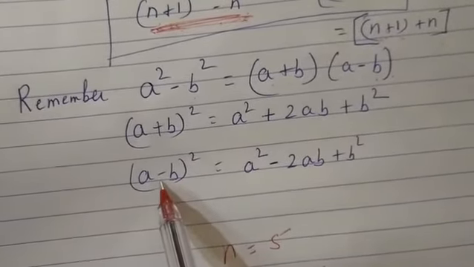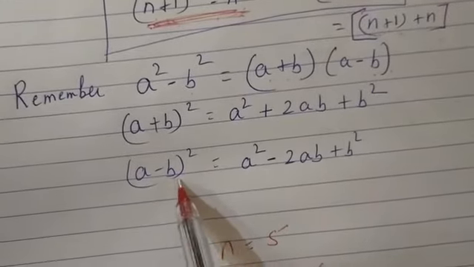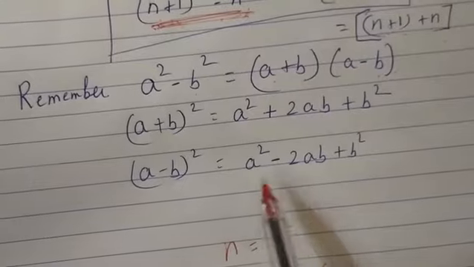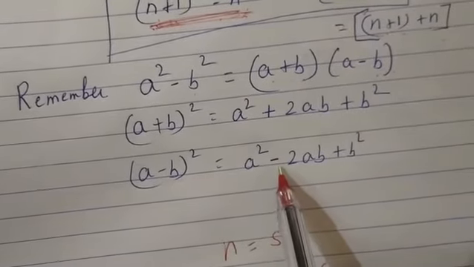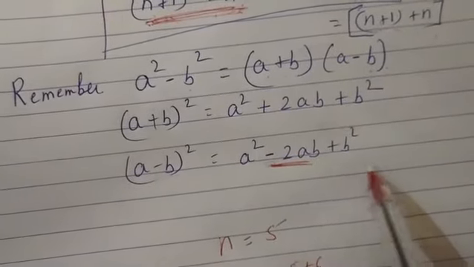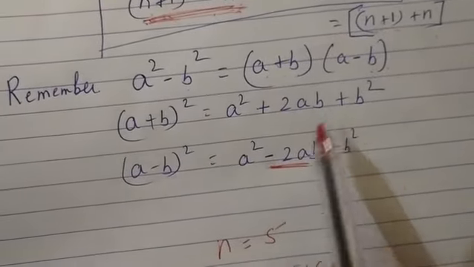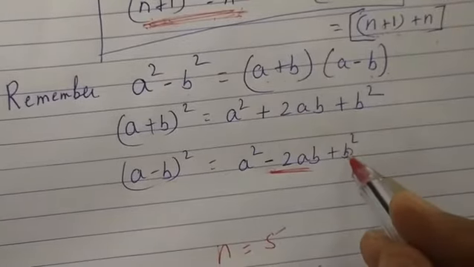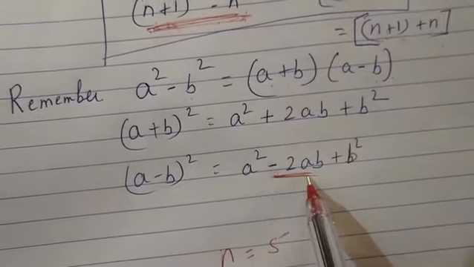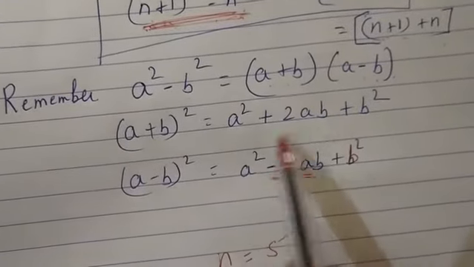Now if the minus sign is there, (a minus b) whole square is equal to a square minus 2ab plus b square. The rest of the things are the same. The only difference is, if minus is there, it is minus 2ab; if plus is there, it is plus 2ab.